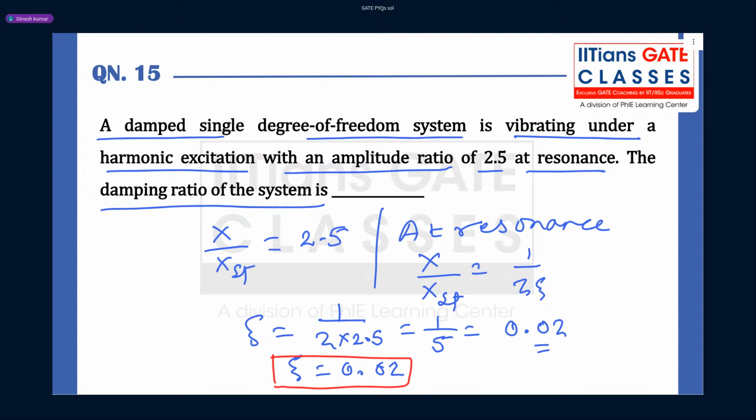1 upon 5 is not 0.02, it is 0.2. Please check the calculation, guys. Sorry, here 1 by 5 is 0.2, right?